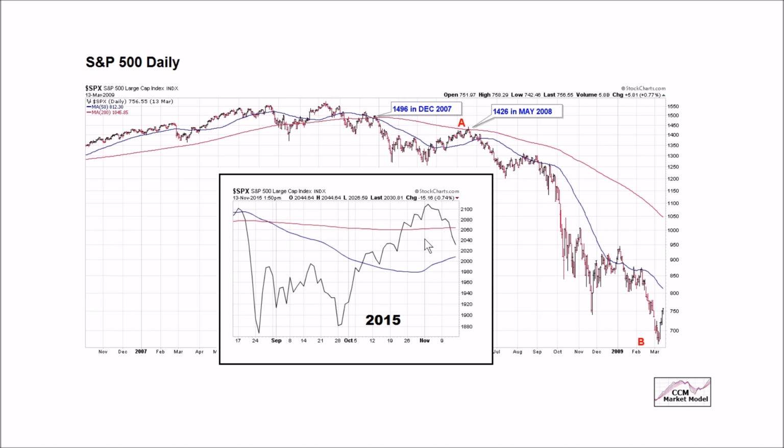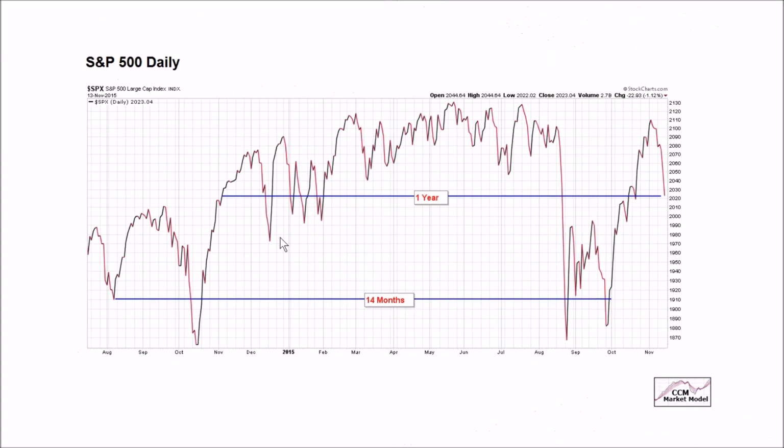We'll shift gears here and talk a little bit about the costs associated with risk management and protecting your capital during difficult periods. This is the S&P 500 as of the close on November 13th, 2015.